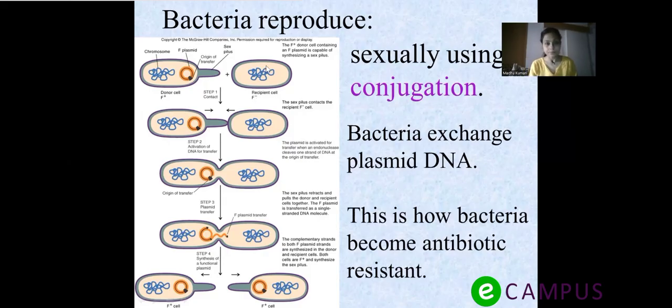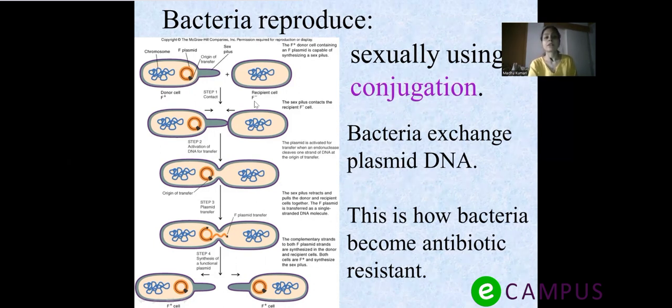So what happened here? This plasmid will go inside the F minus cell. When this plasmid goes inside the F minus cell through conjugation, this F minus cell is also converted into an F plus.